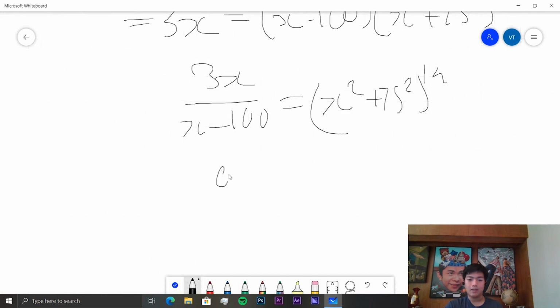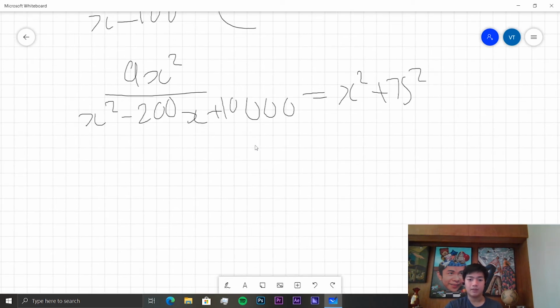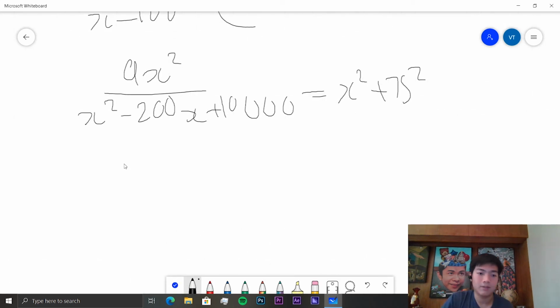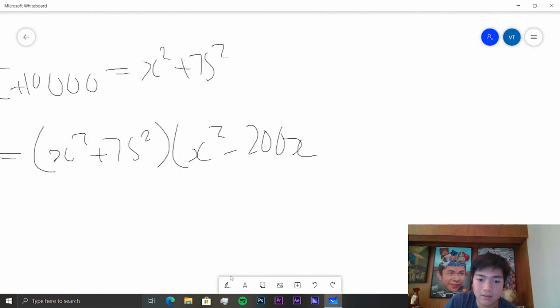So we have 9x squared over x squared minus 200x plus 10,000 is equal to x squared plus 75 squared. So now we can multiply this back over to this side. So we have 9x squared is equal to x squared plus 75 squared times x squared minus 200x plus 10,000.